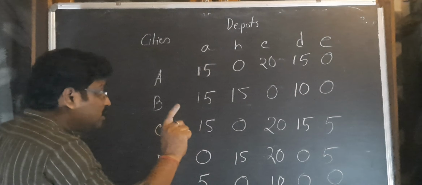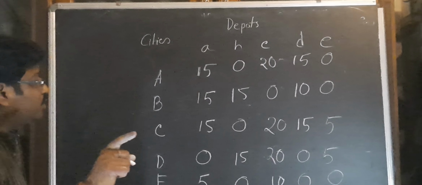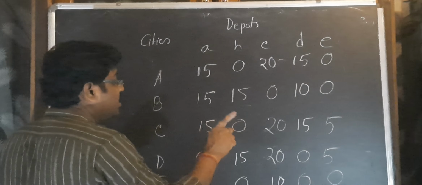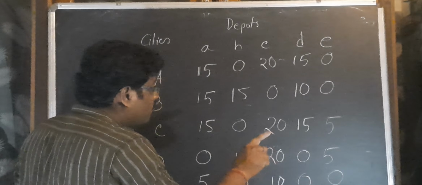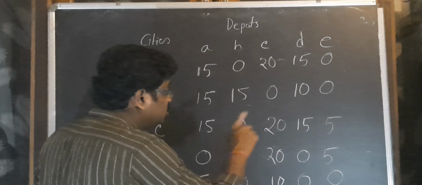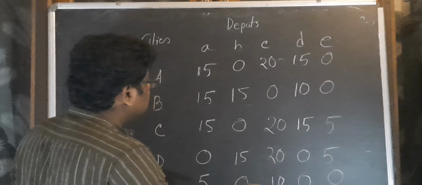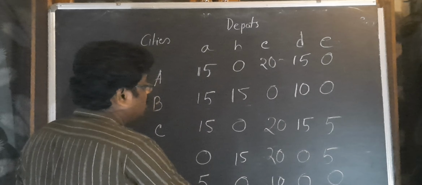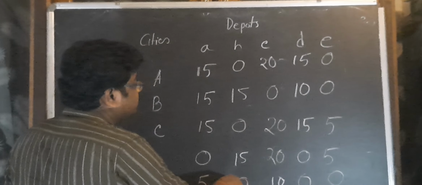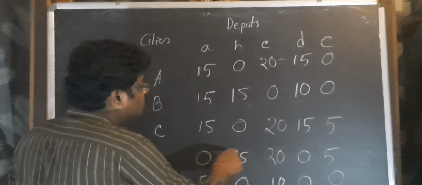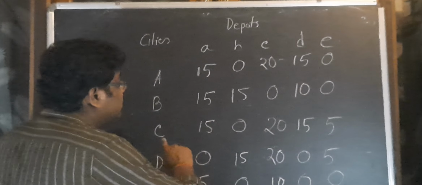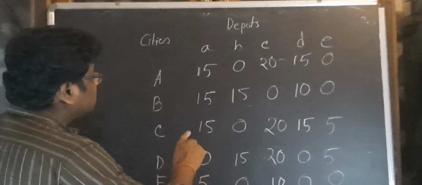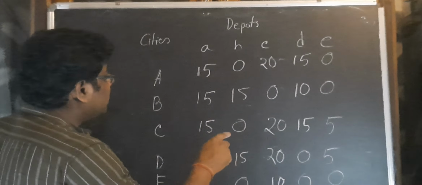If we find a single zero in a particular row, we make a box on this zero, and in the column of that zero, the other zeros are cancelled, or we put cross marks.